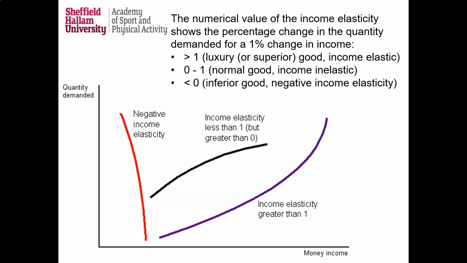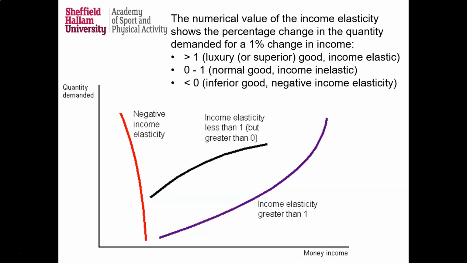Now, the US could be slightly different, although last week we looked at demand for leisure time rather than spending on sport. So don't think that what we looked at last week, where the US demand for leisure time was relatively low, is the same as spending on sport, because they're not necessarily the same thing.